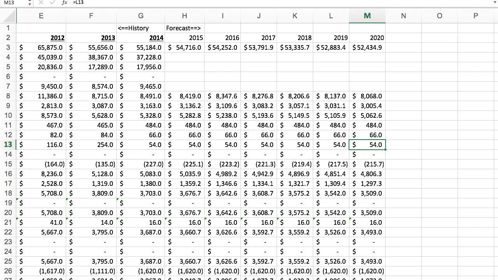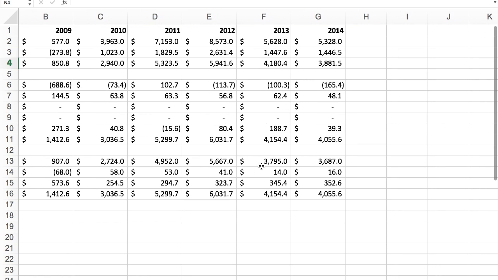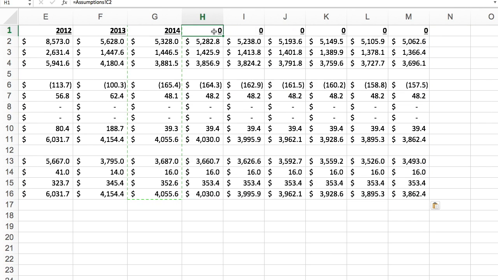So we have 6 years worth of ratios, which create 6 years worth of actual income statements, which create, if I go to my TII tab, because everything's a relative reference, kind of like what you did in the midterm, I could take 2014 TII, copy it, and paste it to column M. I just got to change the relative references on the years, previous year plus 1, and I now have balancing TIIs going out through 2020.